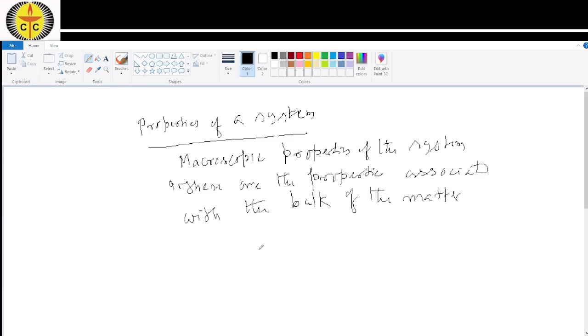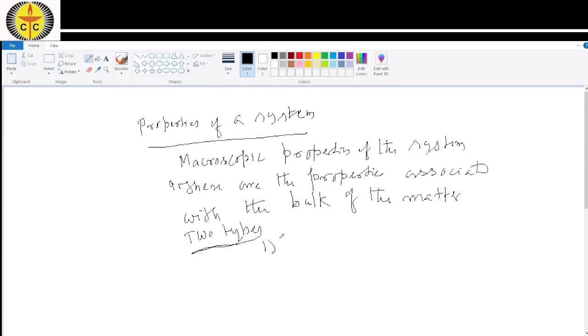So the macroscopic properties are of two types. What are they?